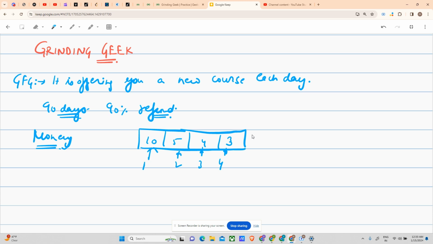Now the geek decided to do the maximum number of courses. What he will do is buy a course, complete 90% of it on a single day. That is, if he buys on day 1, he will complete the course on day 1 only, and then get 90% back on the same day, so that he can maximize the number of courses he is possibly purchasing.